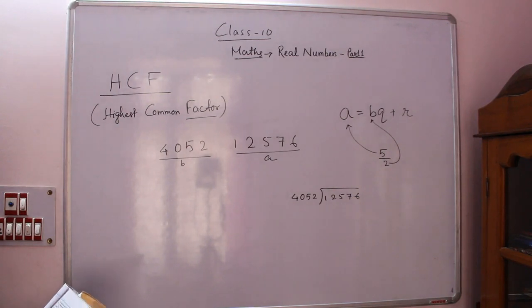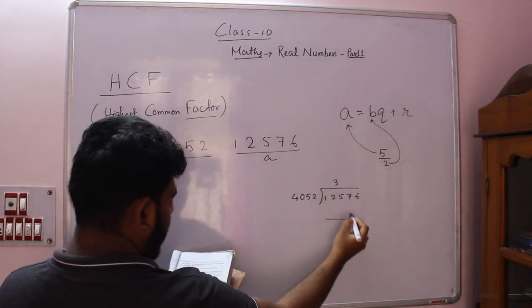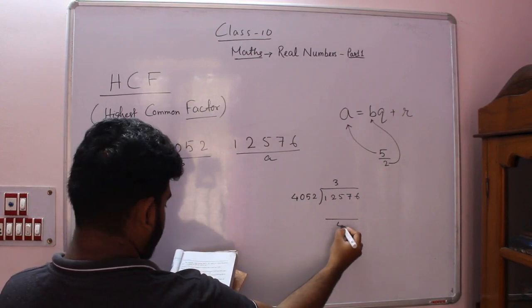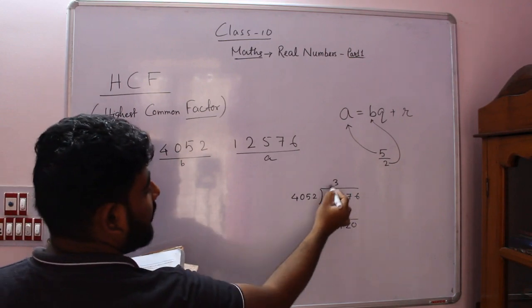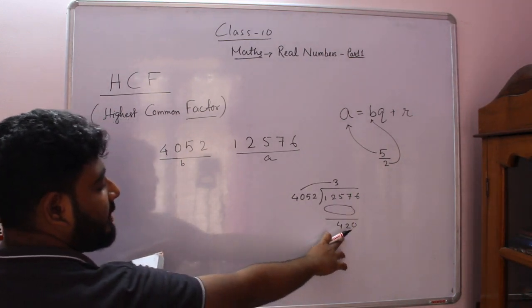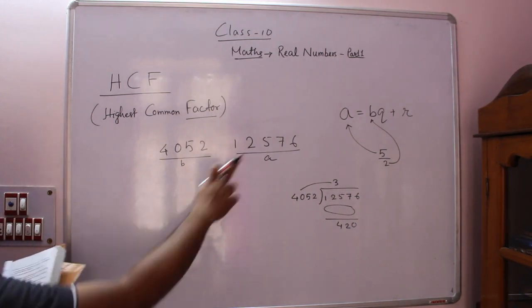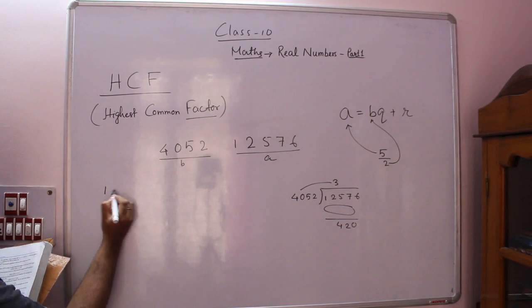I am writing from the book, the quotient will be 3, and when you do the calculation the remainder will be 420. Here 3 is the quotient and the remainder is 420. So what is the formula? a equals bq plus r. So a means what?